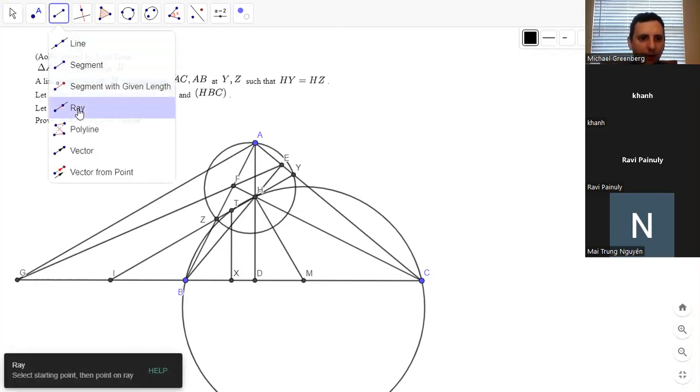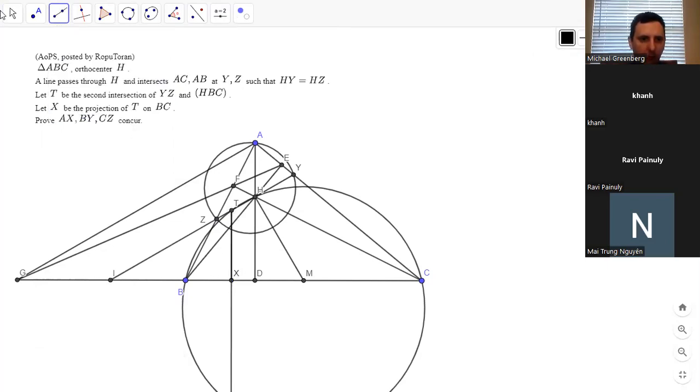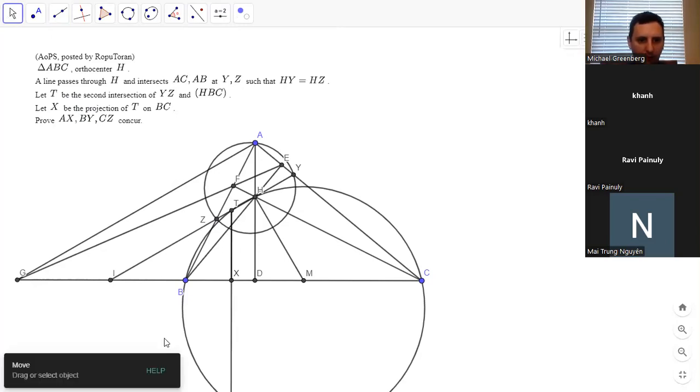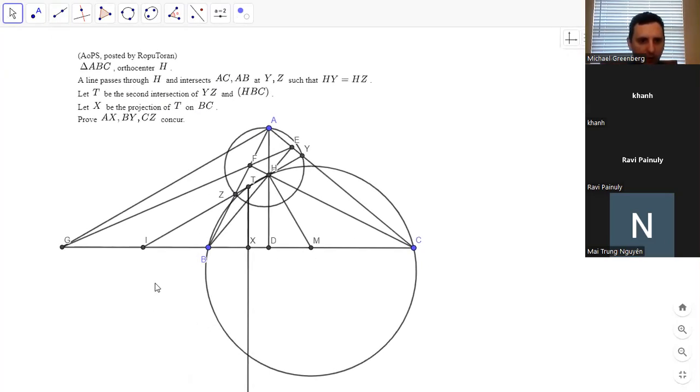Yeah. So we have HBC. We want to show that's a harmonic quadrilateral, basically. Yeah, exactly. That is my idea. I don't know if it works. Sounds good.